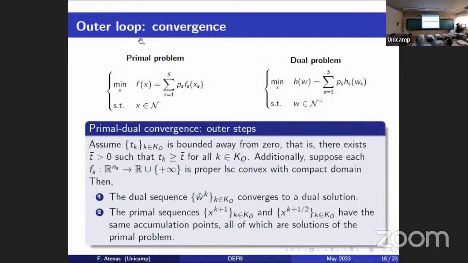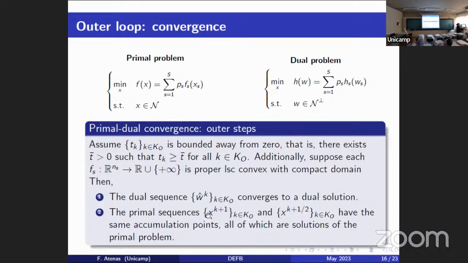So for the outer loop, we have to ask a little bit more. The assumptions for the objective functions are the same: proper lower semicontinuous functions with compact domain. And the step sizes have to be bounded away from zero, so we do not let them converge to zero. When those assumptions are met, the dual centers converge to a solution of the dual problem.